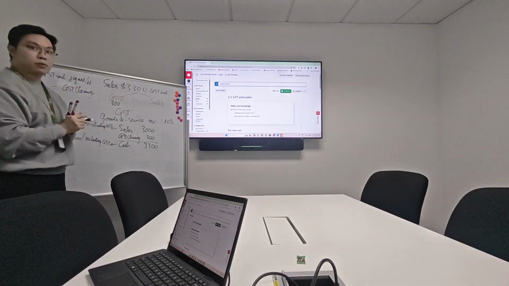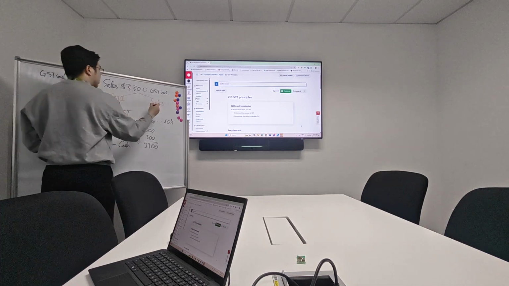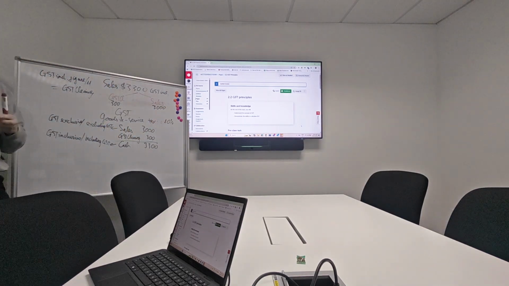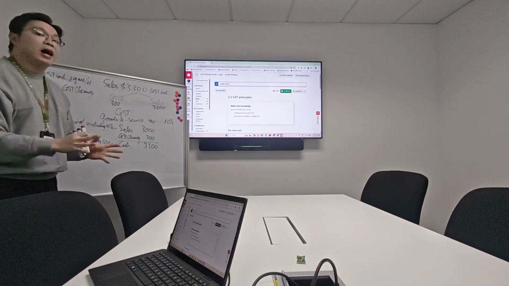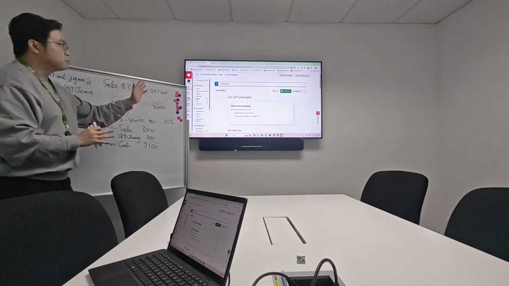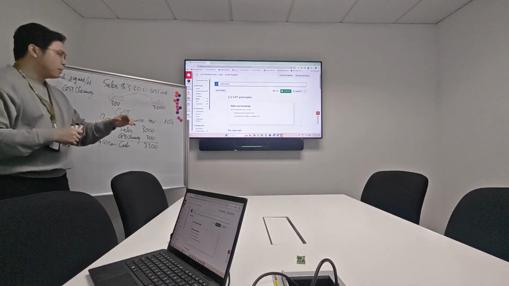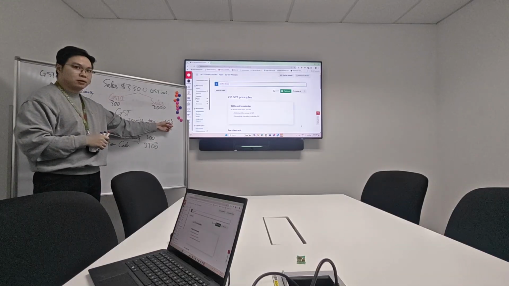Divided by 11 is 300. And therefore, the rest of it, 3,300 minus 300, 3,000 is the sales. So, like I said before, the trickiest part in this particular chapter is not about memorizing how much tax it is. We always know it's always 10%.